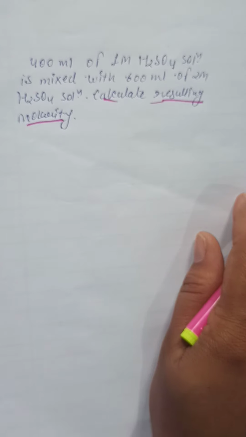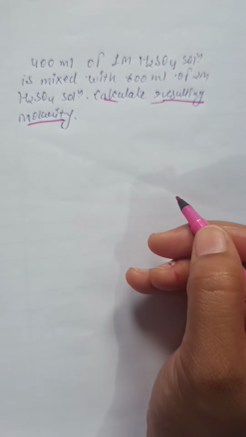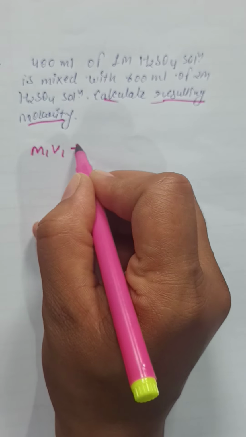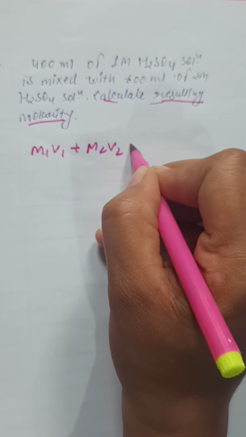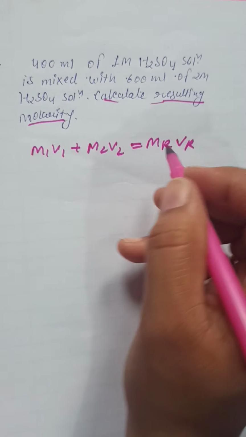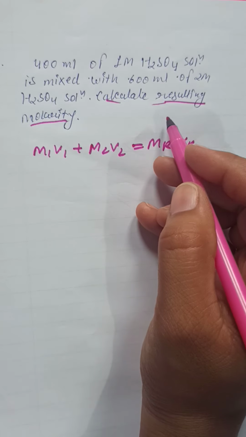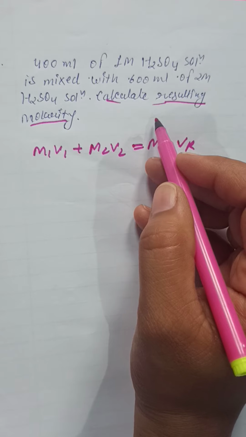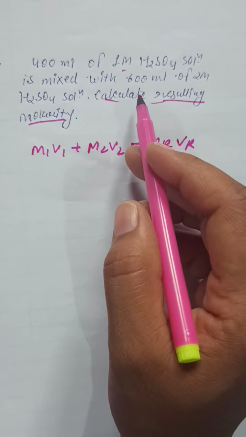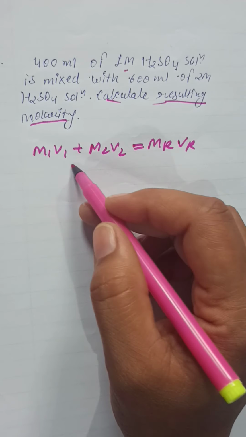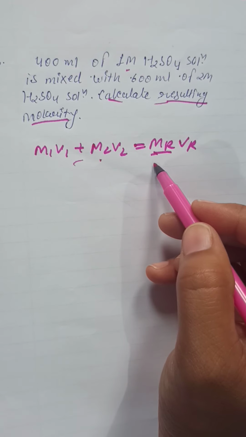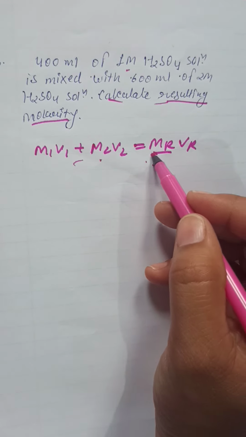To calculate the resulting molarity, the formula is M1V1 plus M2V2 equals MRVR. This is applicable for two solutions that are mixed, 1 M H2SO4 and 2 M H2SO4. When we mix these, what will be the molarity of the resulting solution? We have to find this MR.